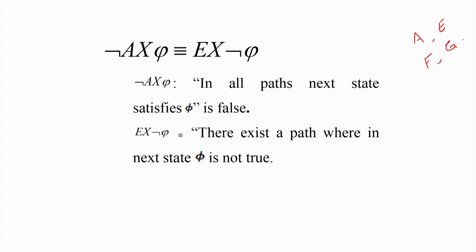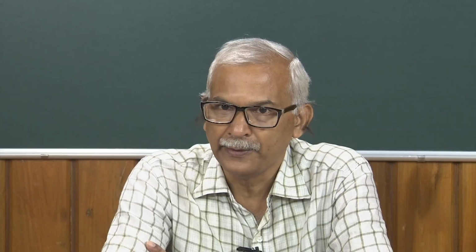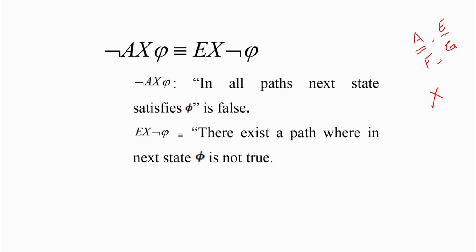Now, we were talking about the relationship between the path quantifiers A and E and the temporal operators F and G. Another temporal operator we have is X, which is the next step. Whether something is true in the next state, basically we are going to reason about it. That next state also has a relationship with all paths and there exists a path. So, this is another equivalence that we have: not of A X phi is equivalent to E X not of phi.